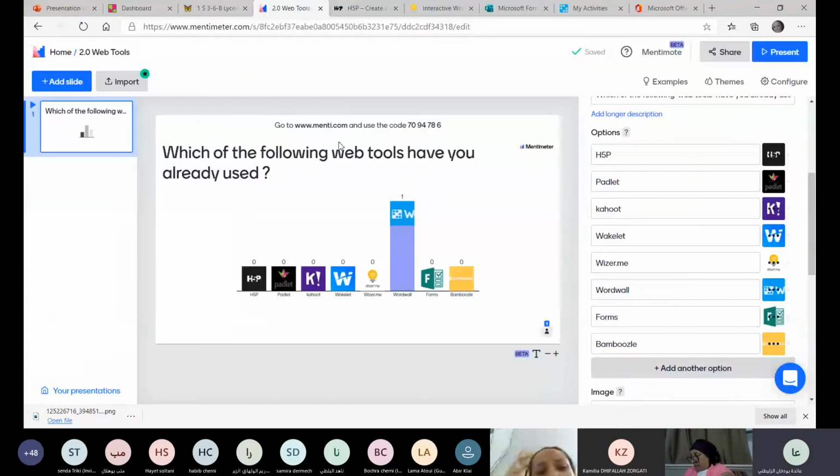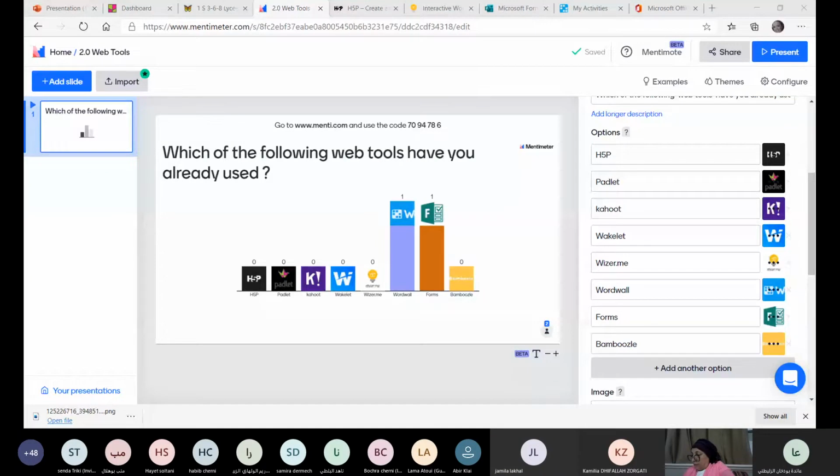So I should be able to see already one, okay? Is that fine? Are you on Mentimeter? Need some time. The link is there for colleagues in the chat box. You can just click.